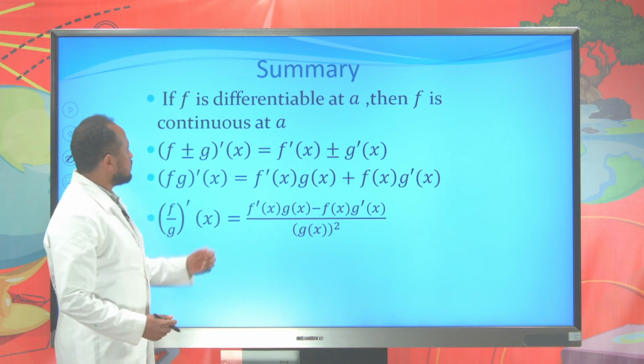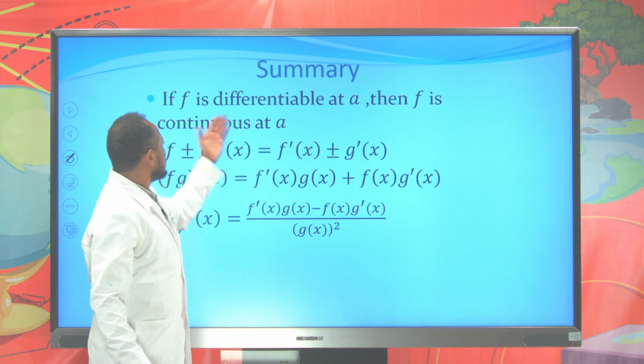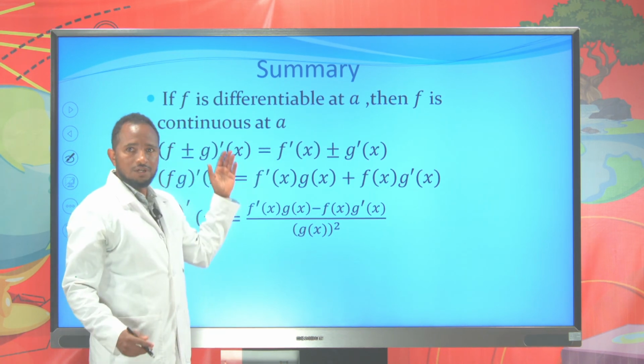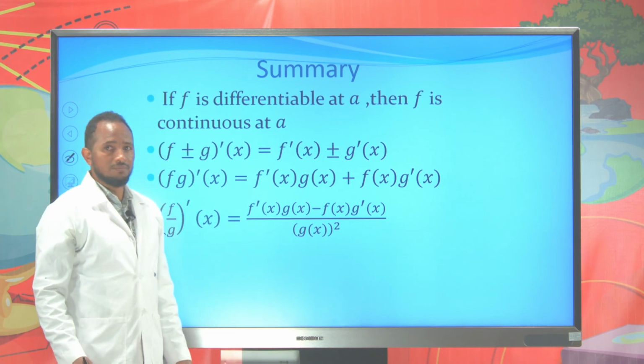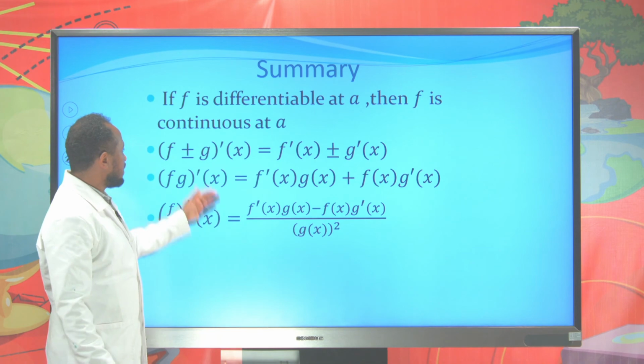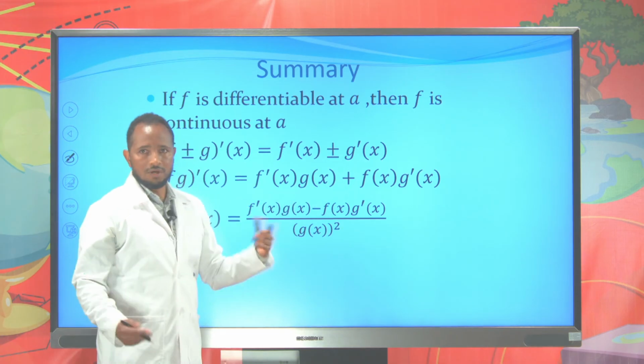If f is a differentiable function at a, then f is continuous. We have also seen this: differentiability implies continuity, but continuity does not imply differentiability. The second part that we have seen is that the derivative of a sum of functions is equal to the sum of the derivatives of the individual functions, and you can add or subtract.